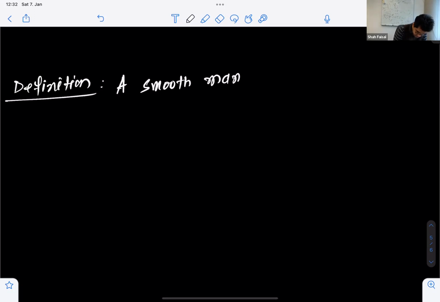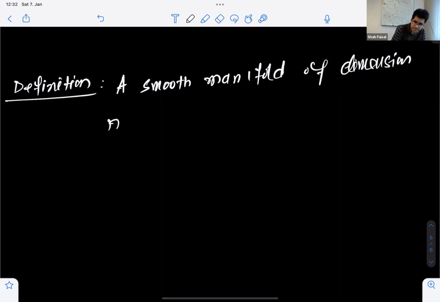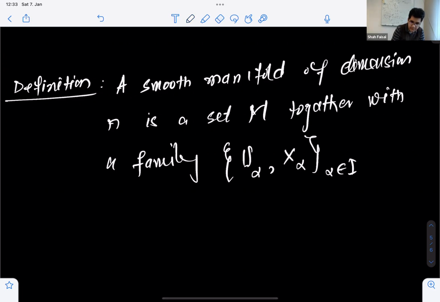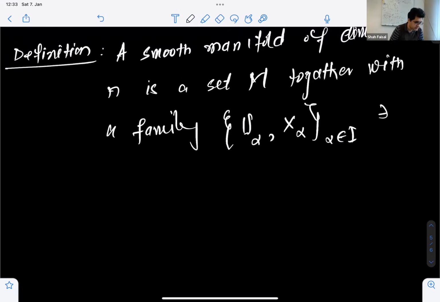A smooth manifold of dimension n is a set M, where n is an integer, together with a family of maps, let's say x alpha, where alpha belongs to some index set I, such that the following properties hold.